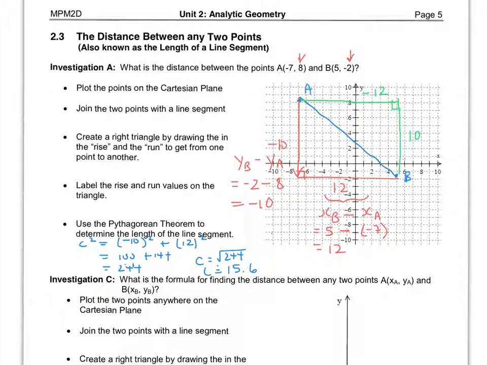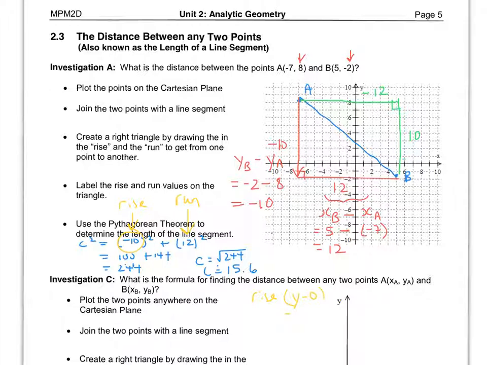Okay, now connections here that I need you to see is that the -10 really ended up being my rise, and this 12 really is my run. And when we were working with a point to the origin, my rise was really my y-coordinate minus 0, because my second coordinate was just 0, 0, which ended up giving us that y squared.